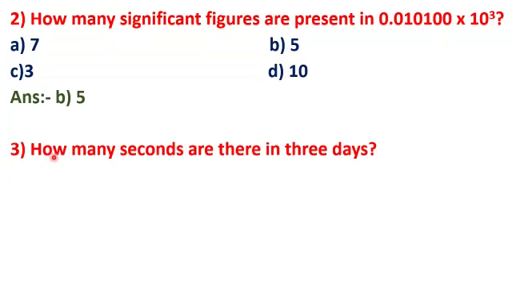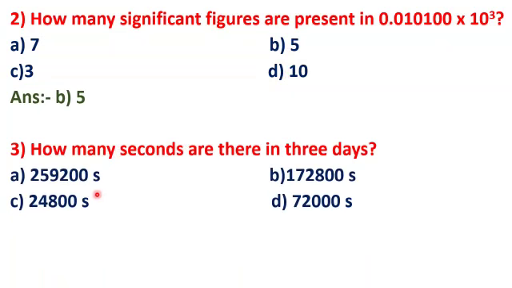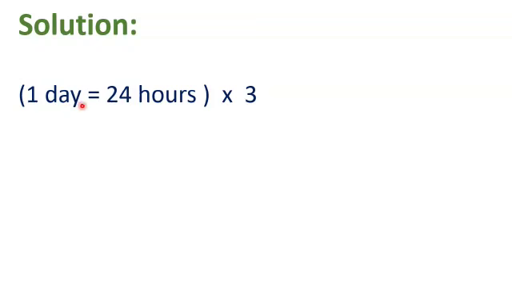Next question, third one. How many seconds are there in 3 days? Options are given here. So the answer is option A. How? Solution. 1 day is equal to 24 hours.